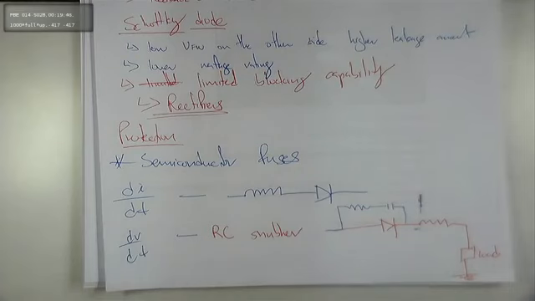This is what your RC snubber looks like. An RC snubber just creates an RC time constant, allowing the voltage to rise at a particular rate, so it does not burn the diode.